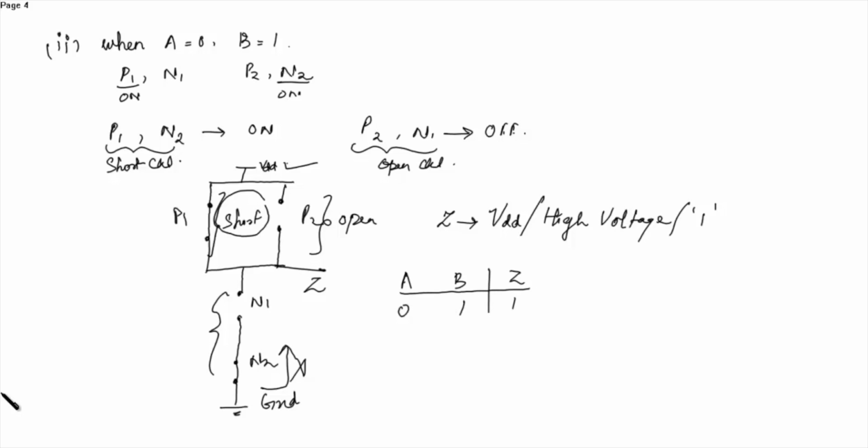Similarly, we'll see the next case. When A is equal to 1 and B is equal to 0, similarly at A we have P1 and N1, at B we have P2 and N2.